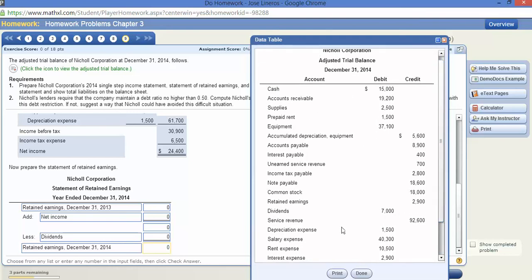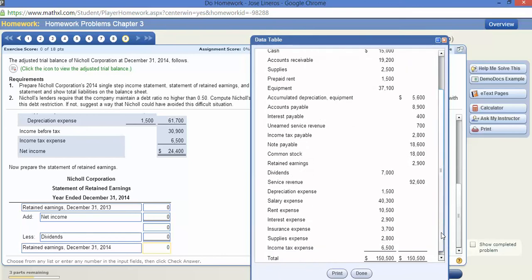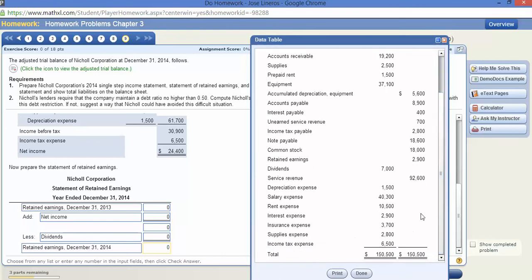But the fact that the expense accounts still have balances in them that they've accumulated throughout the year, and that service revenue still has an account on the trial balance, that means these have not been packaged together, closed out, and put into retained earnings.